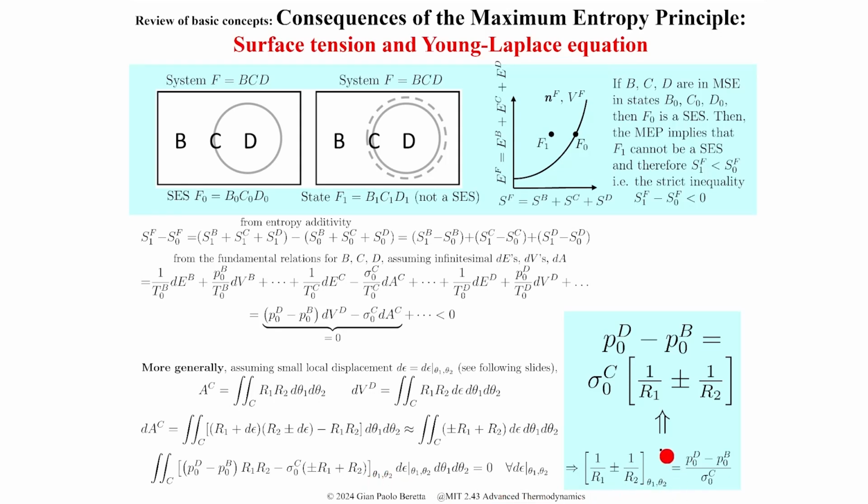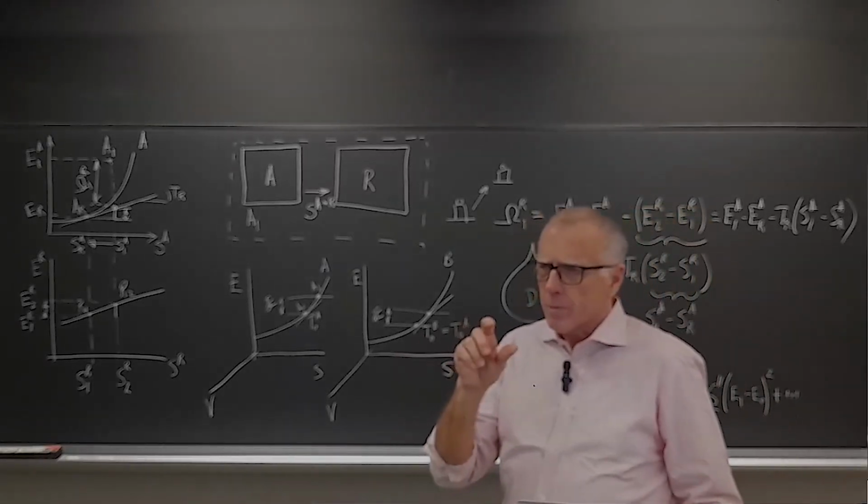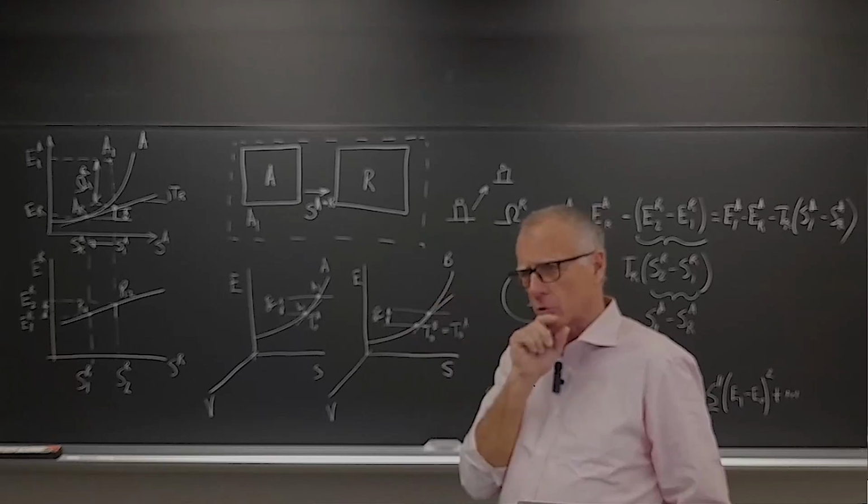And so you find that you can rewrite it this way. Therefore the sum of the inverse of the radii of curvature, the mean curvature, which in principle could be different locally from point to point, must be equal to this ratio of difference in pressure and surface tension, which doesn't depend on location on the surface.